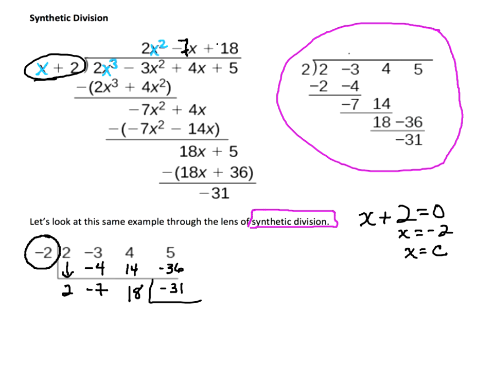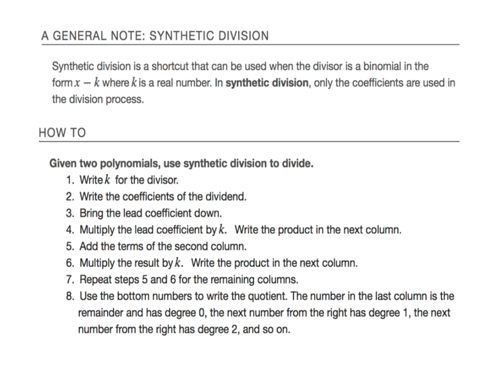So you do have to be aware of that with synthetic division since you're not seeing any of your variables. So I know I started with x cubed. I took out a factor of x here. I am left with 2x squared minus 7x plus 18 with a remainder of 31. Same thing that you get with long division, just much quicker and much more compact. That's synthetic division.